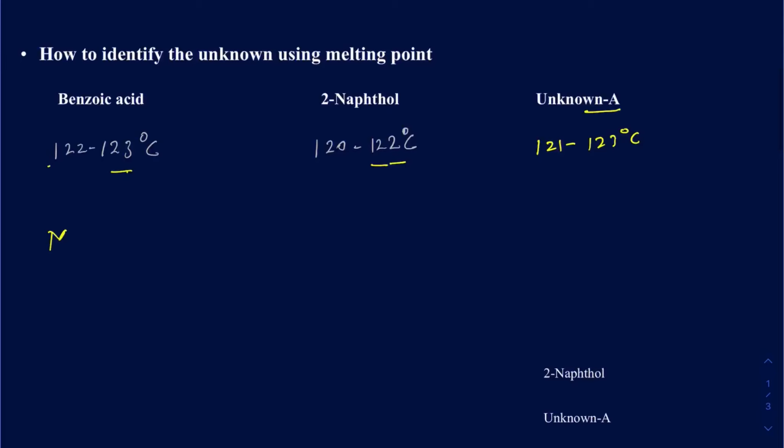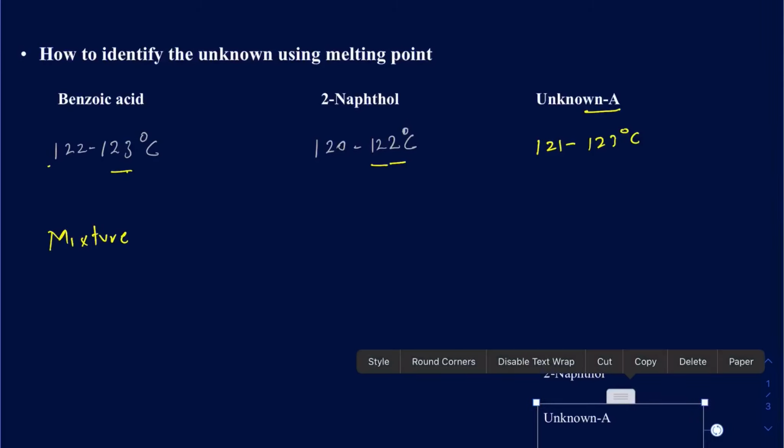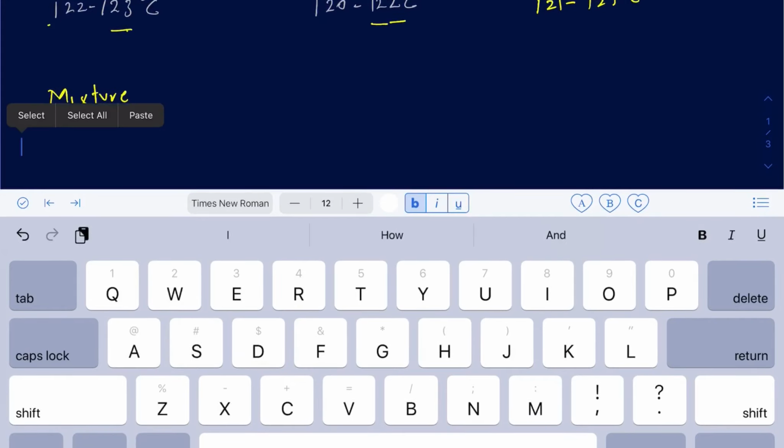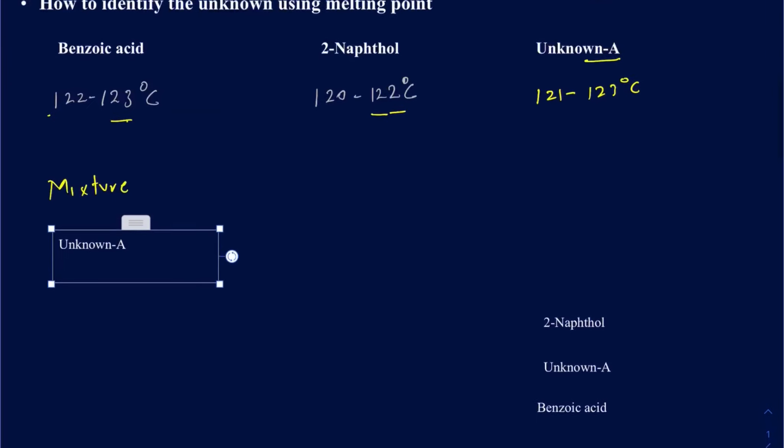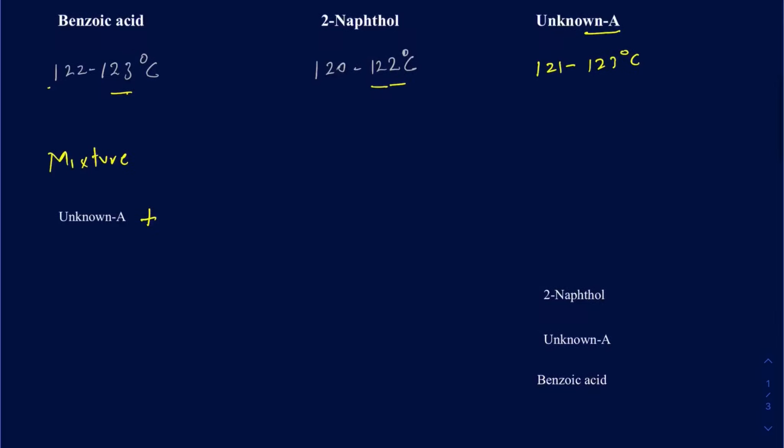So let's say I want to make mixture 1, and in mixture 1 I want to have unknown compound A plus benzoic acid. In this case, you want to make your unknown compound A the main compound, and add a little bit of benzoic acid, acting as an impurity.